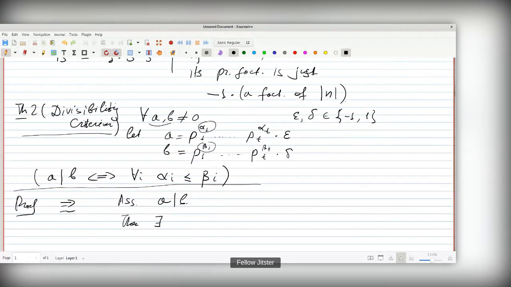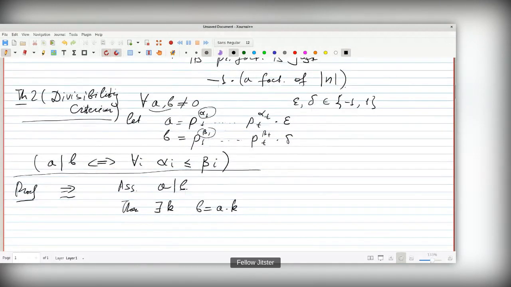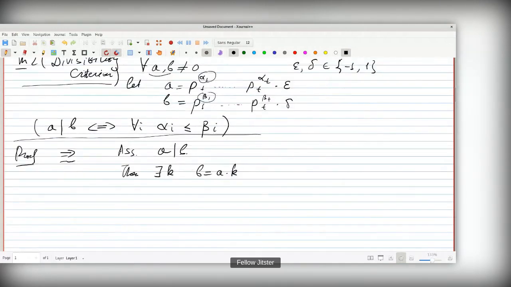Then, by definition, there exists some integer k such that b equals a multiplied by k. What does it mean? First of all, we know that k is not 0 because b is not 0.